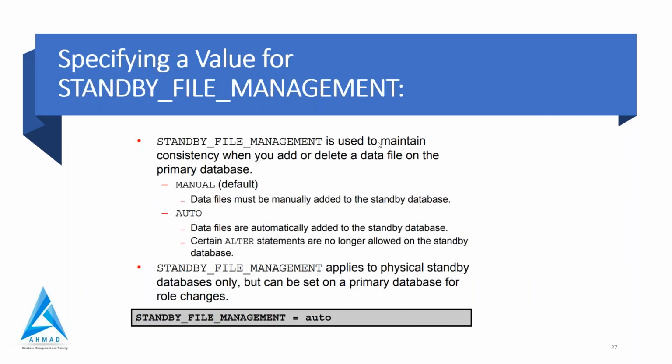And standby file management, as I said, is used to maintain consistency when you are adding or deleting a data file. So that is a very important parameter. If you do not set it and you add a data file on production, your redo apply services with the standby will disconnect, and the data file will be created with the name unnamed.